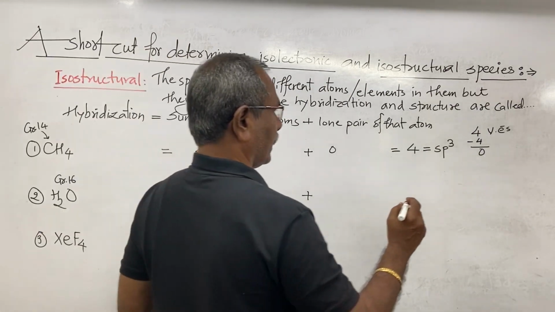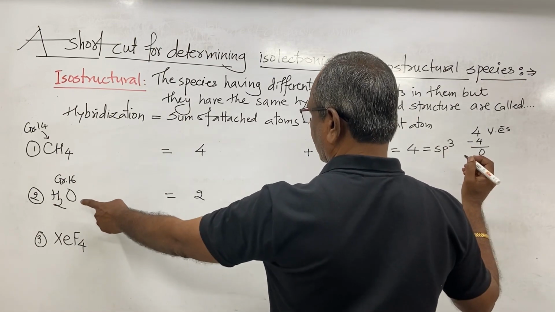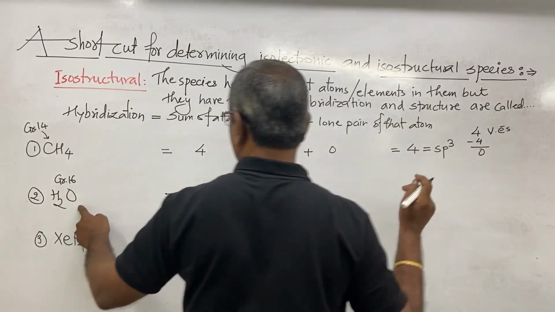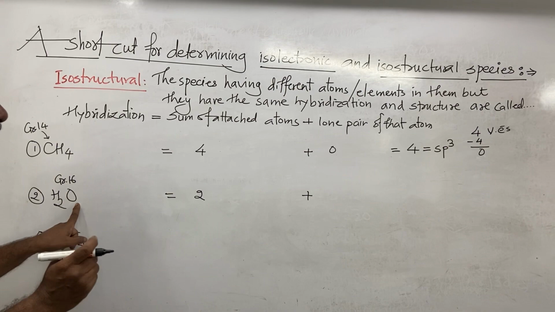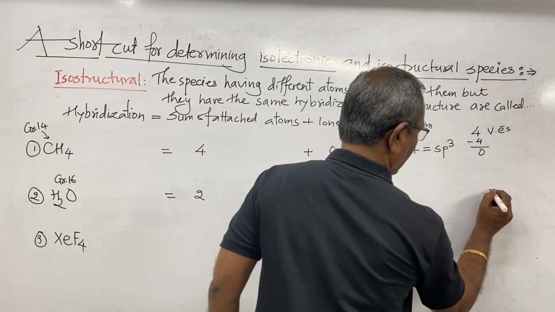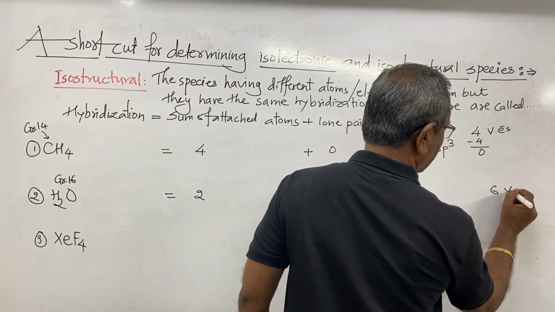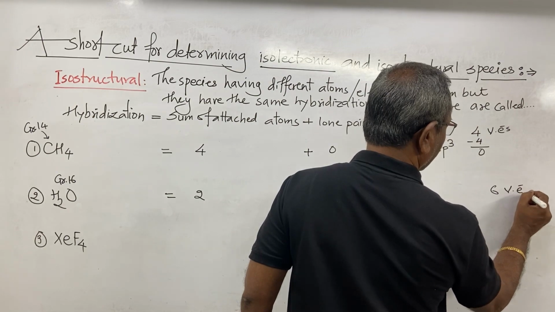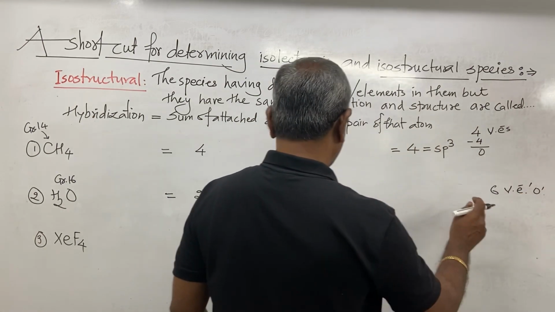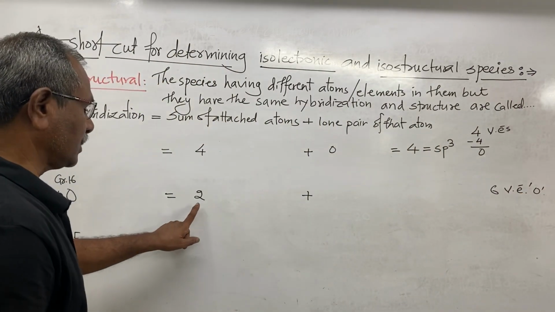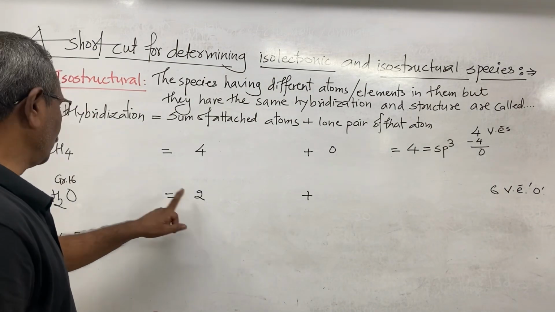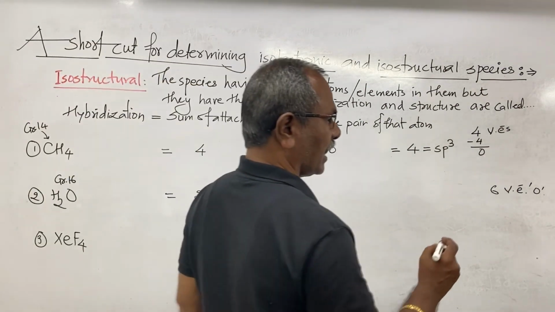Here, how many electrons are valence electrons? In case of oxygen, 6 electrons. So 6 valence electrons in case of oxygen, and out of 6 electrons, 2 are used in the bond formation with hydrogen.